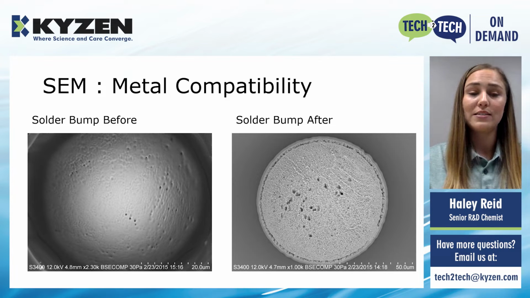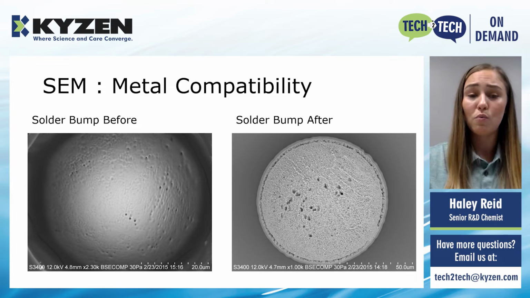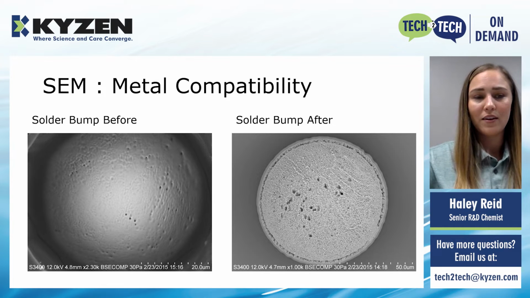On the right side, we can see the solder bump after cleaning. There's no flux surrounding it, so we've cleaned it, but the solder bump is now rough. The holes are much larger, and the solder bump itself is much smaller. So this cleaning chemical was incompatible with the bump, but it did clean it. So we'll keep looking for something there.